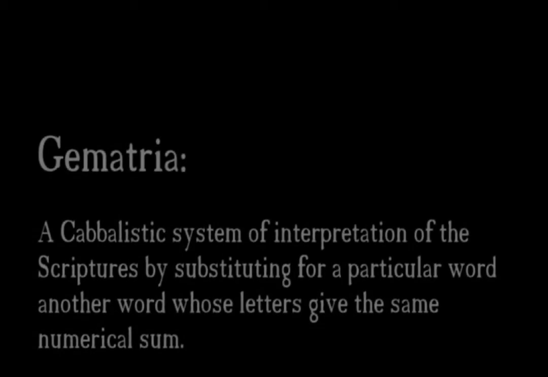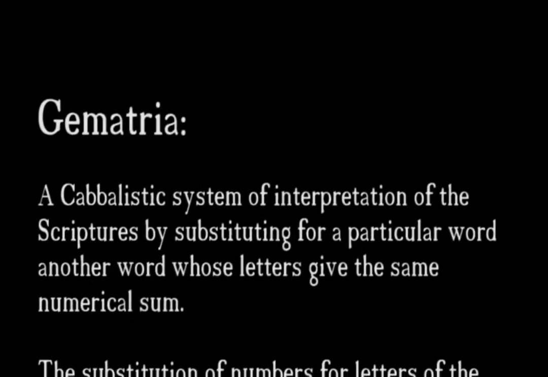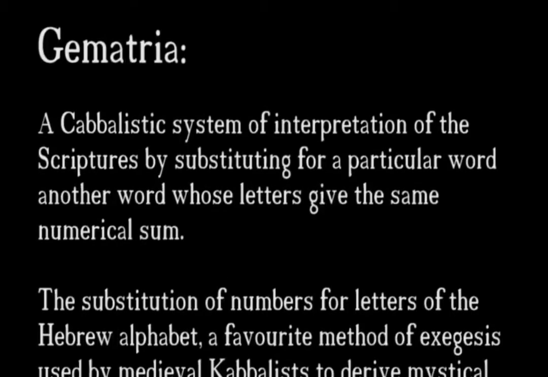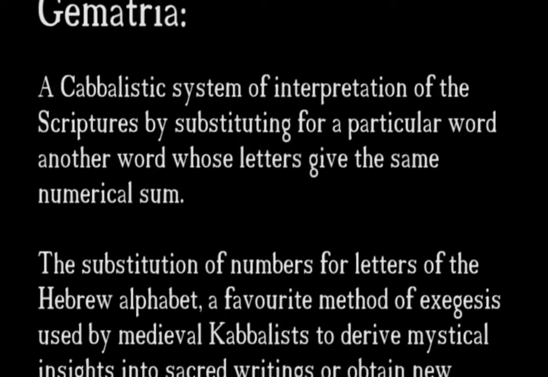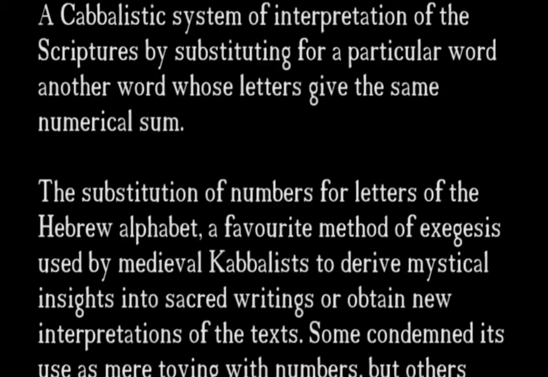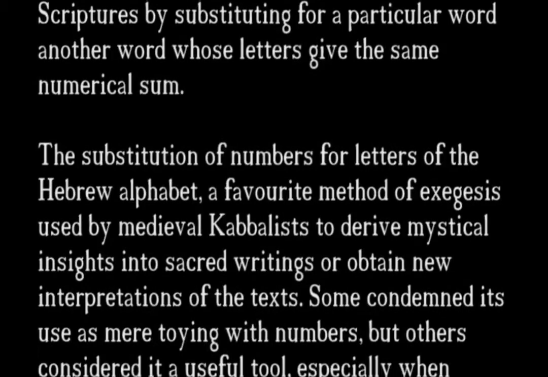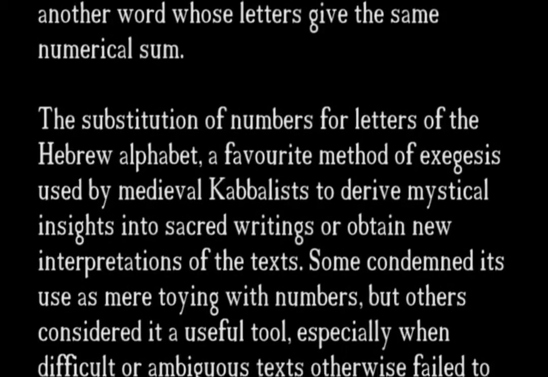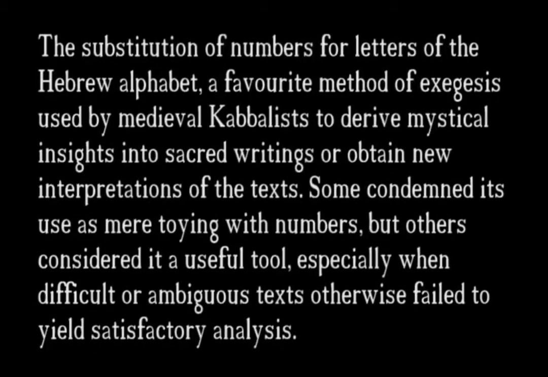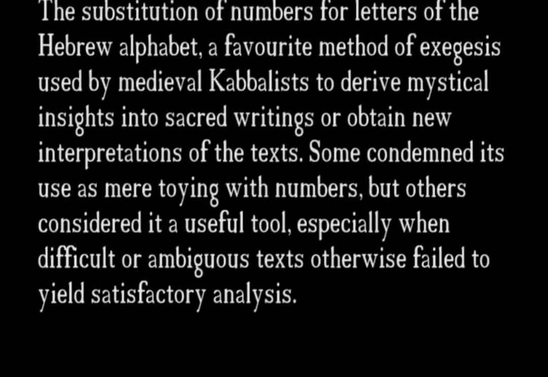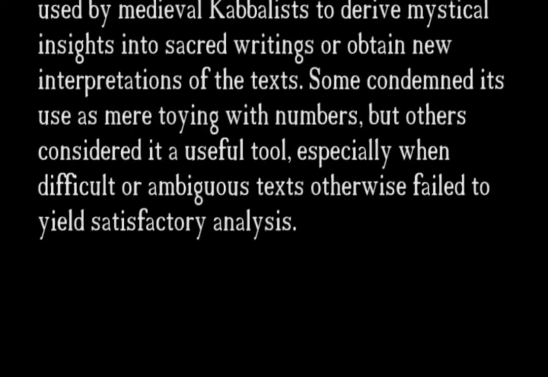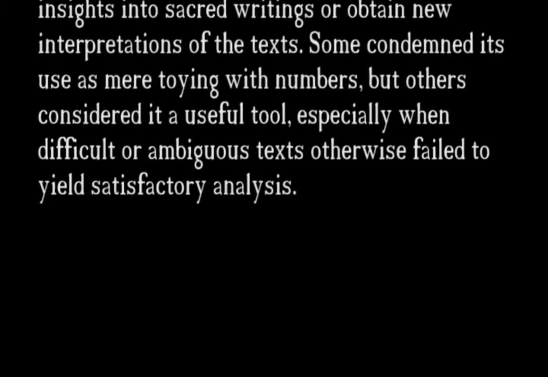Gematria, a Kabbalistic system of interpretation of the scriptures by substituting for a particular word another word whose letters give the same numerical sum. The substitution of numbers for letters of the Hebrew alphabet, a favorite method of exegesis used by medieval Kabbalists to derive mystical insight into sacred writings or obtain new interpretation of the text.